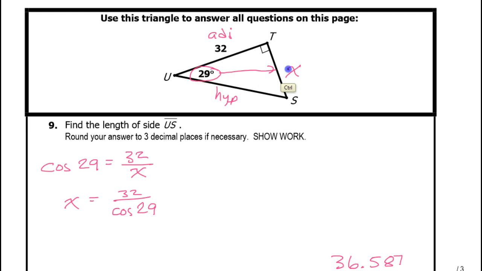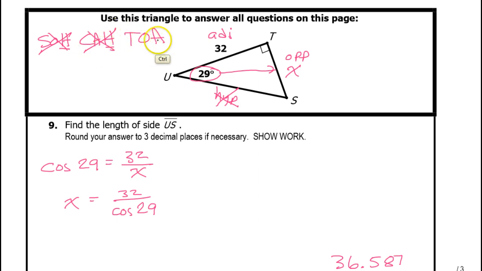Across from the circled angle is going to be the opposite leg, and right next to it is still the adjacent leg. The hypotenuse is doing nothing on this problem. There's no value here, and there's no variable that we are looking for. So throw it out. Sine involves the hypotenuse, so throw it out. Cosine involves the hypotenuse, so throw it out. That's going to leave tangent.